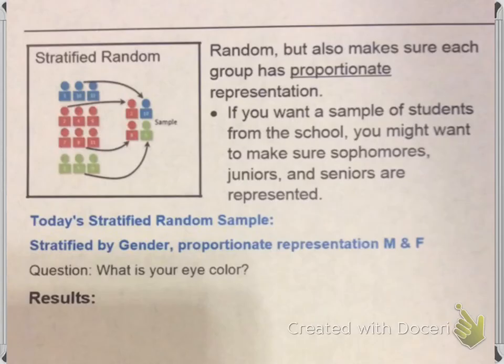All right, the last method we're going to talk about today is stratified random. Random, but makes sure each group has proportionate representation. So if you want to sample students from the school, you might want to make sure you ask sophomores, juniors, and seniors that are represented there.